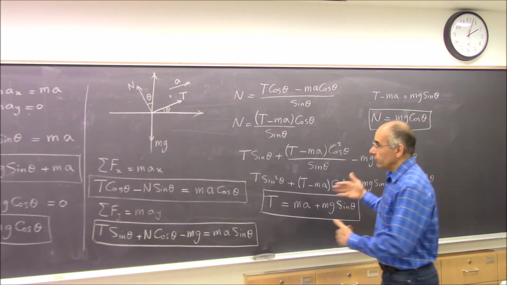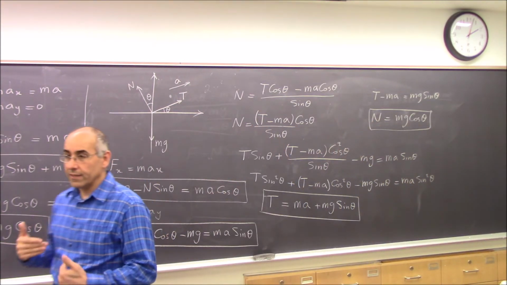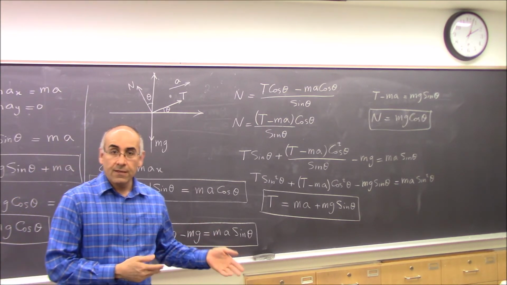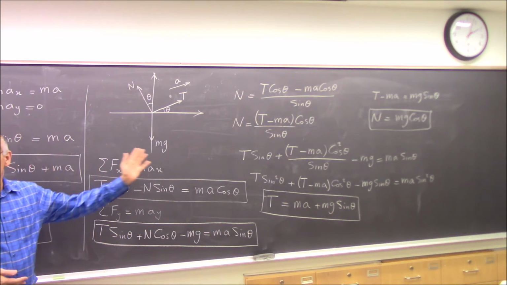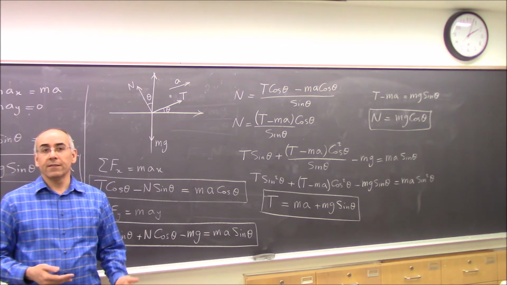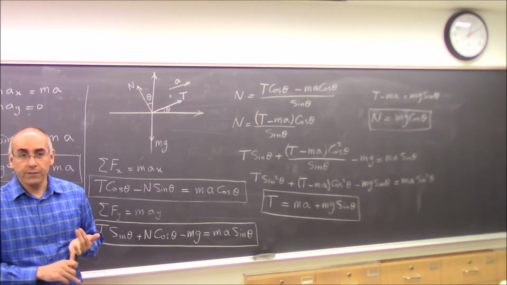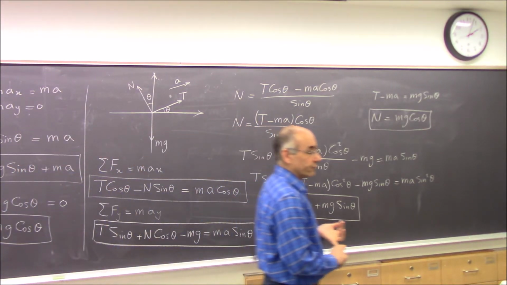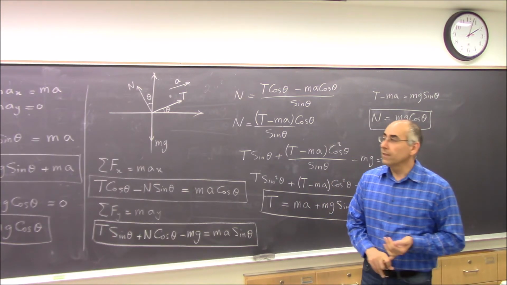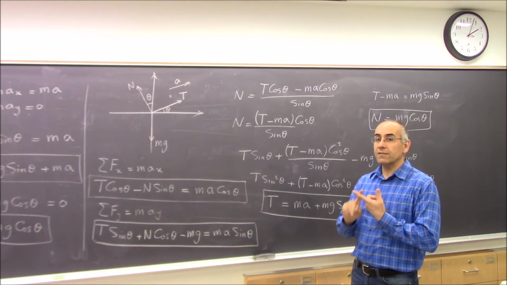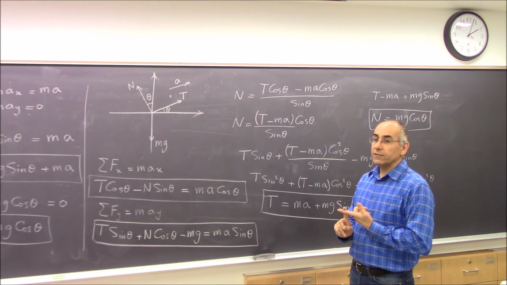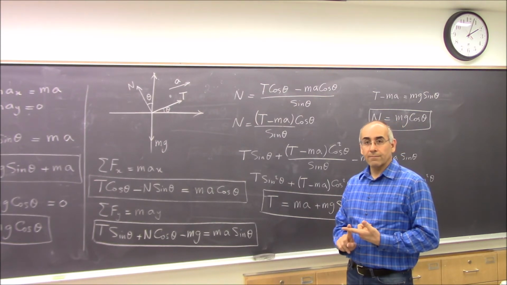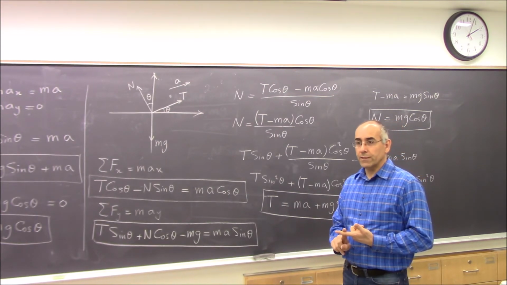So the choice of coordinate system doesn't affect the final result, but some coordinate systems are more convenient to use than others. So it is up to you what coordinate system to choose. But choose one that is more convenient. In this case, if you have an acceleration, put the acceleration in the direction of a coordinate axis. This is very important.